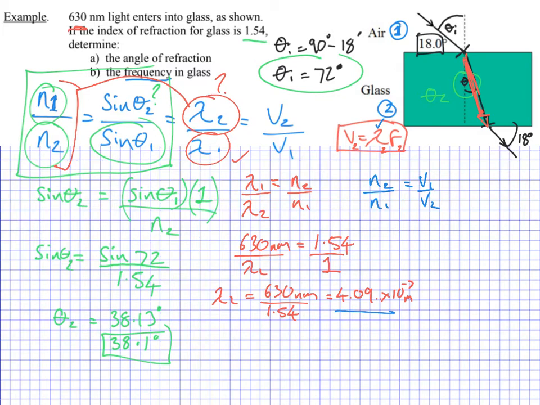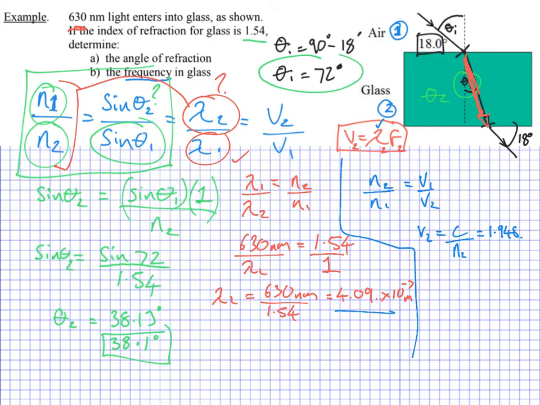I know N2 and I know N1, and I know V1 because V1 is the speed of light. We can rearrange this to solve for V2, which is going to be the speed of light in a vacuum, or in air, close enough, over N2.